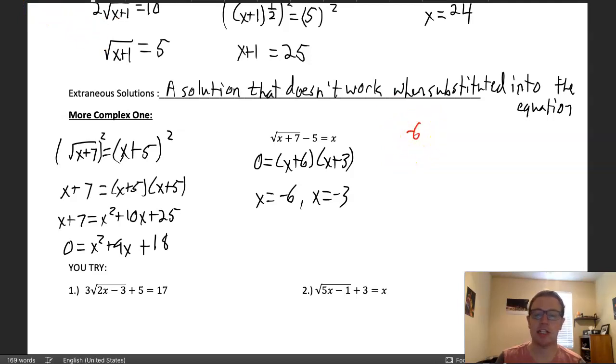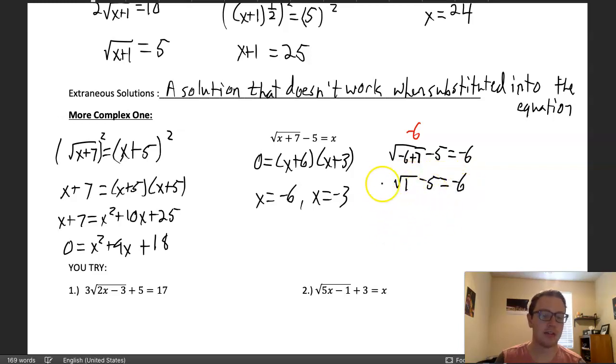We're going to test out the point negative 6. When we do that, we get the square root of negative 6 plus 7, minus 5 is equal to negative 6. When we simplify this, we get the square root of 1 minus 5 is equal to negative 6.